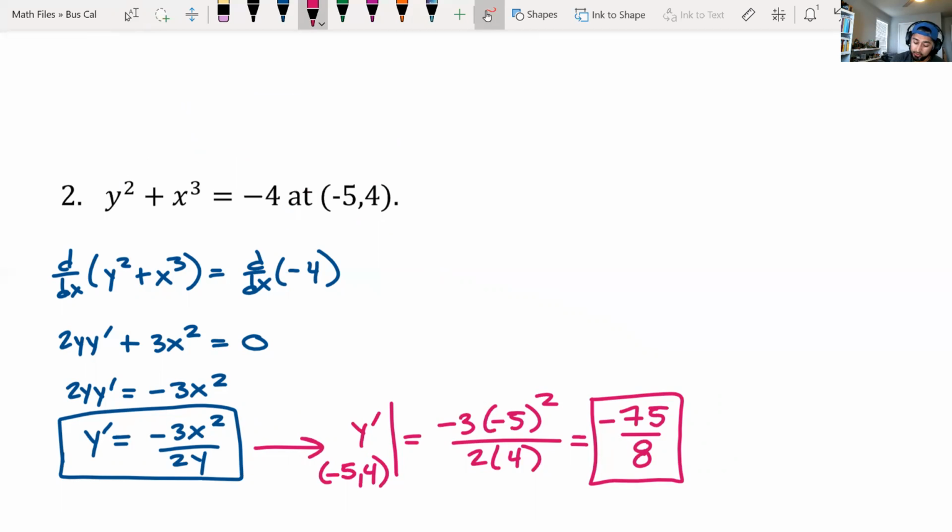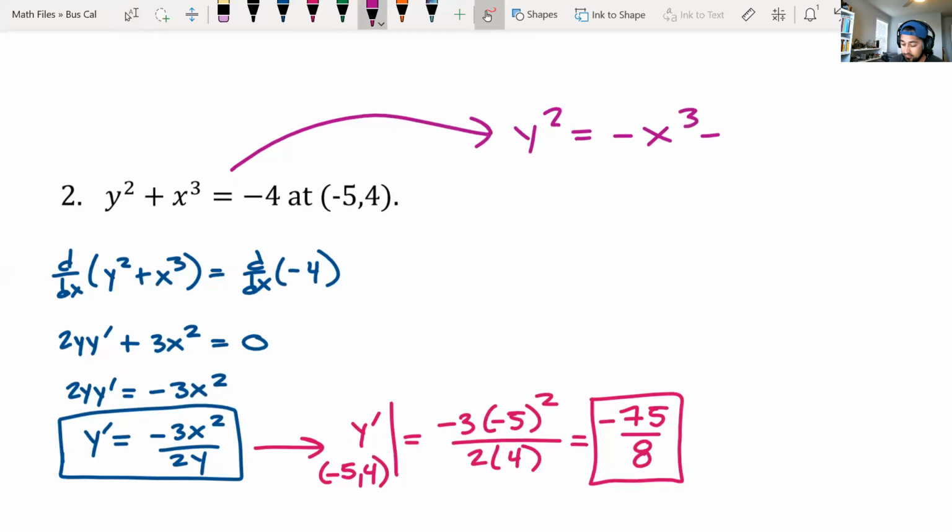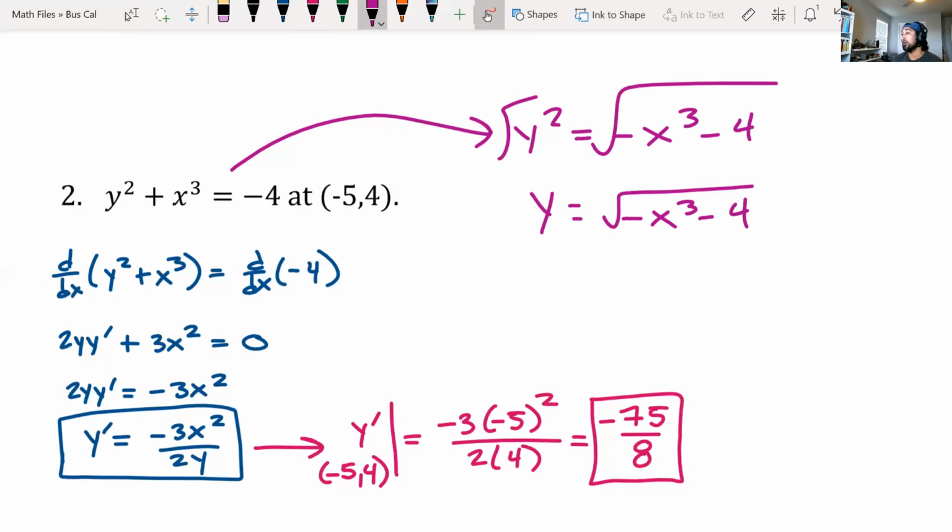So if I were to show you that, if I were to rearrange this equation for y, it would become y squared equals negative x cubed minus 4. But then I would have to solve it for y, so I would square root both sides. And you would get y equals the square root of negative x cubed minus 4.